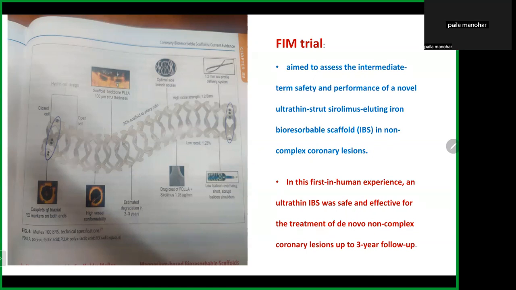Till now, the FIM trial is an ongoing trial, and it has been extended now. There is no Meril trial in India so far. They extended the existing trial. In the update they said, based on the encouraging results of the FIM trial, Meril Life Sciences has recommended a program of randomized control trials with worldwide participation, which includes Meril's Extend and Meril's 100 China trials, and a pivotal randomized control trial of Meril versus Xience. This is an ongoing trial, the FIM trial.